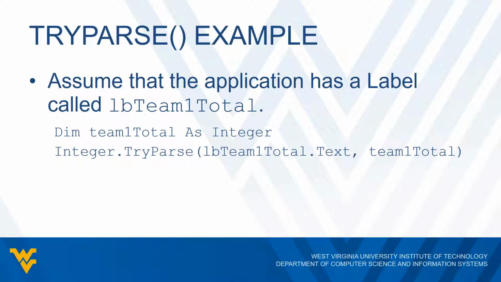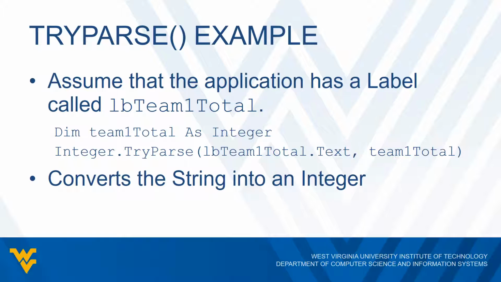So we'd have dim Team 1 Total as integer. So here we're declaring Team 1 Total as a variable that stores an integer. And then we have Integer.TryParse and then parentheses LB Team 1 Total.text and then Team 1 Total. So what this is going to do is take the text portion of our label and then convert it into an integer and store that integer in Team 1 Total.